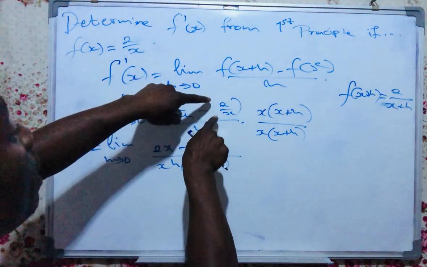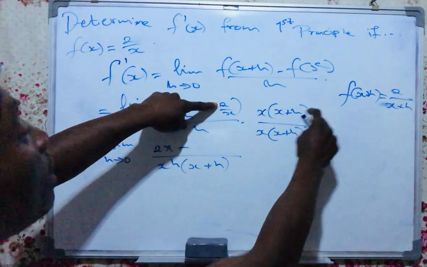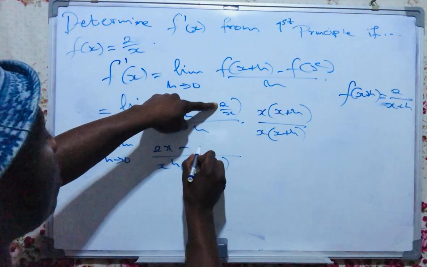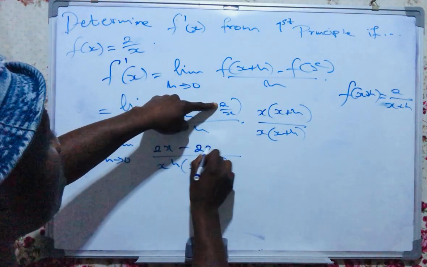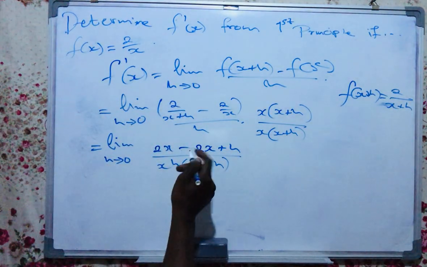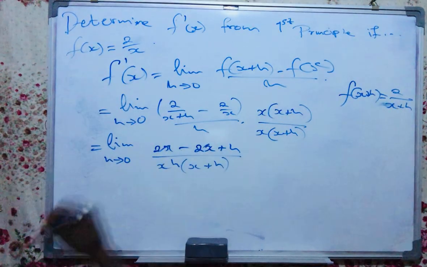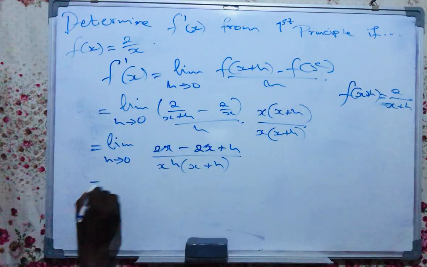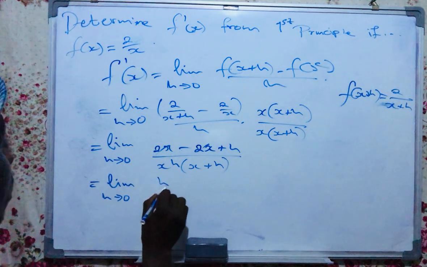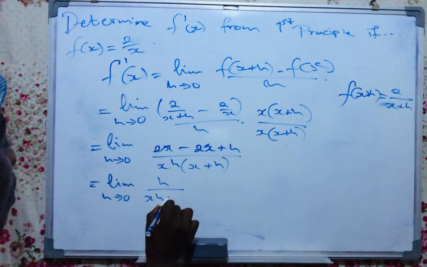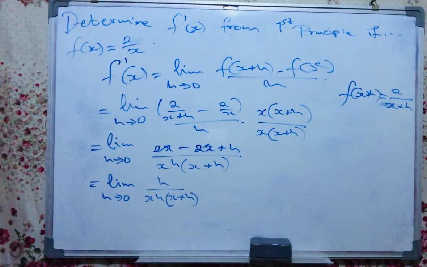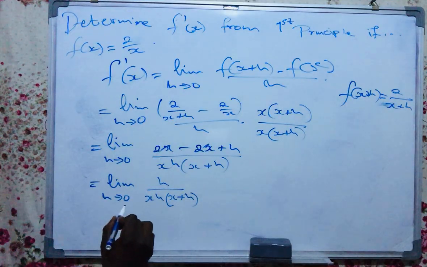Minus, if this function is multiplied by this numerator over here, x and x would cancel, and we'll be left with 2x plus h. But it's very clear that 2x minus 2x is 0. These two cancel, right? So we would have the limit as h approaches 0 of h over hx times x plus h.